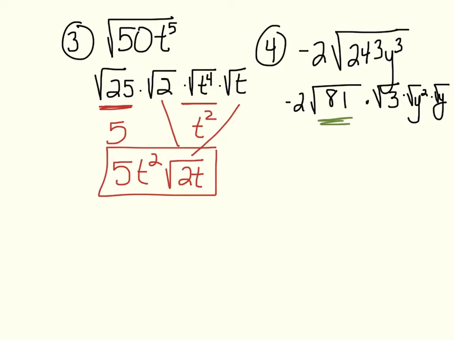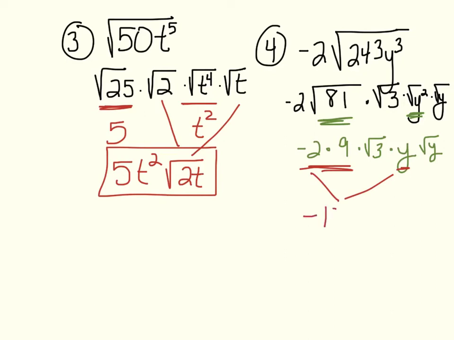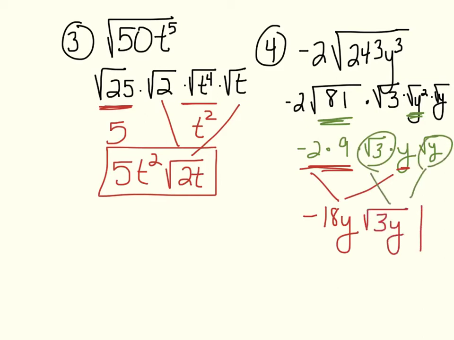The square root of 81 gives you 9. The square root of 3 stays the same. The square root of y squared is just y, and times y. All of these have to go on the outside. Negative 2 times 9 is negative 18y. And these stay inside the square root of 3y.